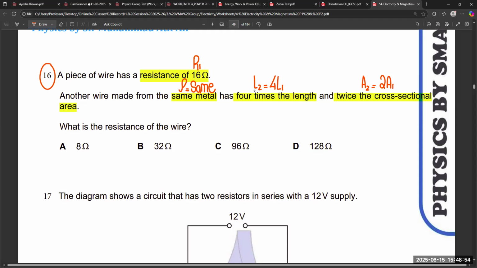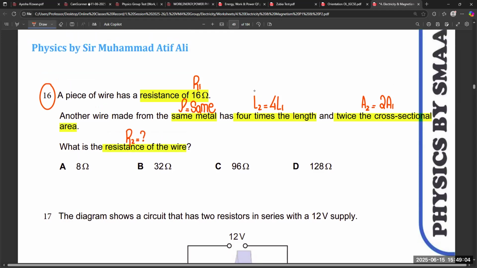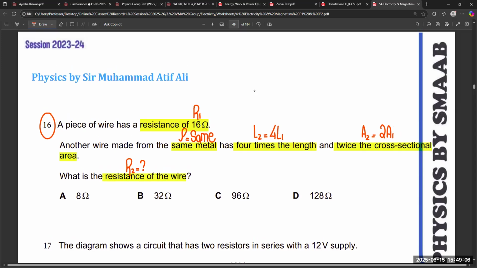So what is the resistance of the wire? It means we have to find R2. This is another type of question related to the factors affecting resistance, and it is also simple. Again, we have to write the formula. R2 equals rho L2 over A2.